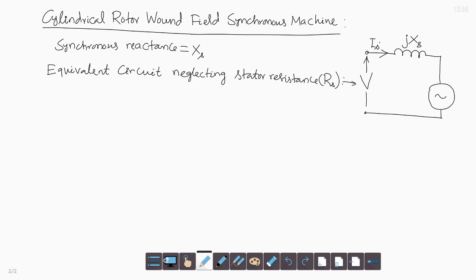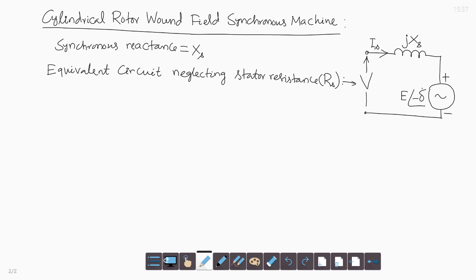IS is the stator current, and there is the induced EMF in the stator winding, and that induced EMF will oppose the applied voltage. Let us write this induced EMF as E, which is at an angle minus delta, that means lagging behind V by angle delta. So, this is the phasor equivalent circuit.